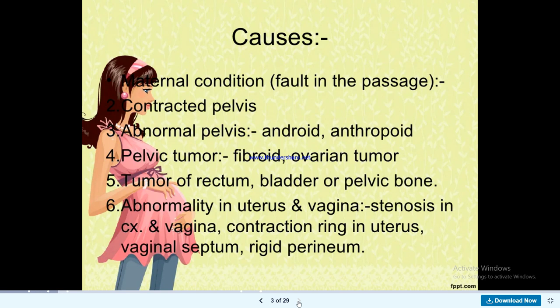Pelvic tumors: fibroid, ovarian tumor, tumor of the rectum, bladder or pelvic bone. Number 6, abnormality in the uterus and vagina: stenosis in the cervix or vagina, that is the canal is not open, neither the cervix is open nor the vagina, they are closed. Contraction ring in the uterus, vaginal septum, that is the short curtain in the vaginal canal, rigid perineum.